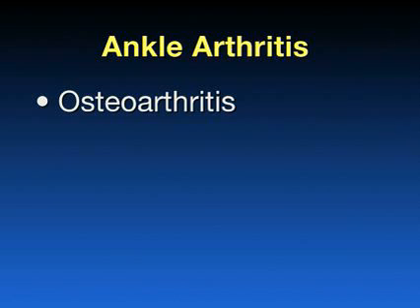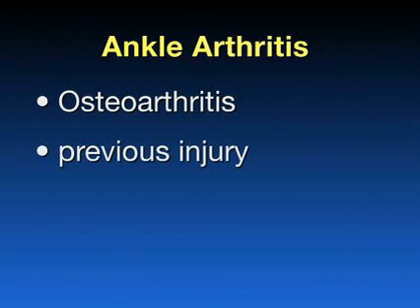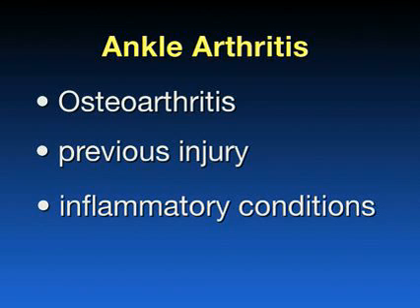Ankle arthritis can also develop as a result of a previous injury, such as an ankle fracture, which is a quite common fracture that occurs as a result of a twisting injury to the ankle from a fall, accident, or blow to the ankle. Ankle arthritis can also develop because of various inflammatory conditions of the body, including rheumatoid arthritis, and various other inflammatory arthropathies that are known to exist.